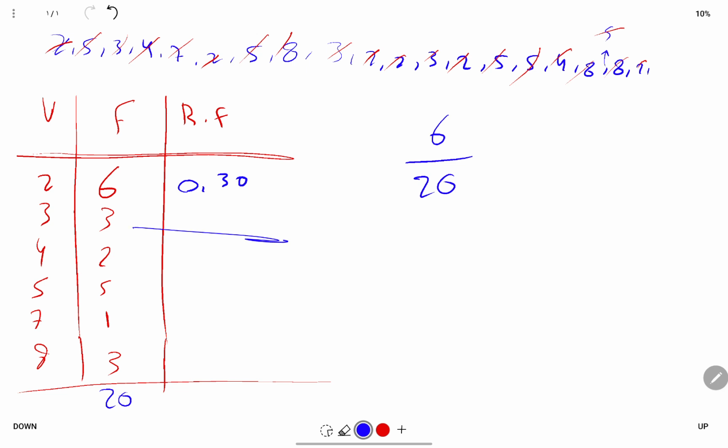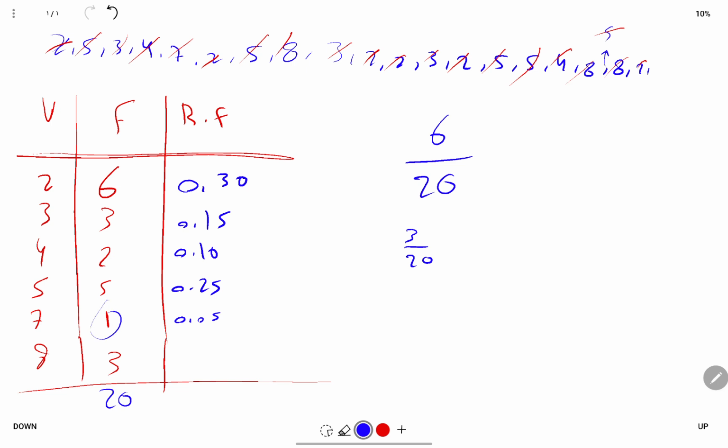Now 3 divided by 20 is equal to 0.15, and 2 divided by 20 is equal to 0.10. 5 divided by 20 is equal to 0.25.